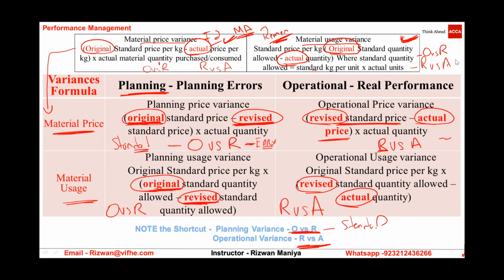That's it. Simple formula. For planning variances, come on, just tell me. Planning is a fight between what? Standards, right? Say yes or no. Come on, I need to talk to you people. So for planning, it's O versus R, original standard versus revised standard.